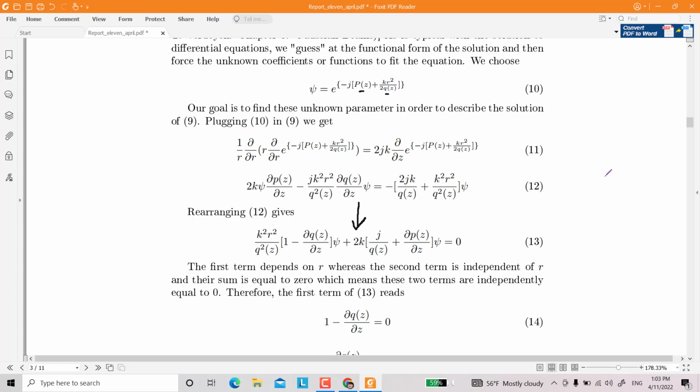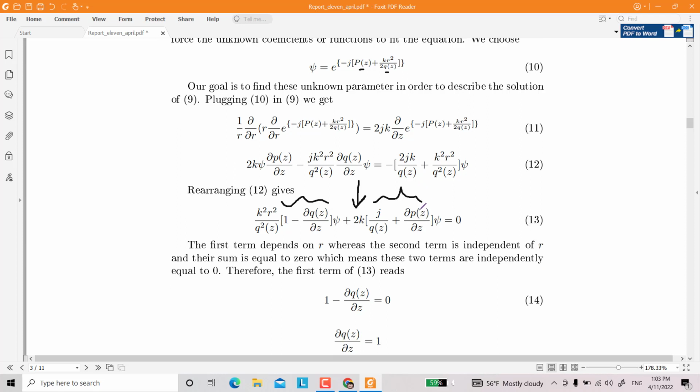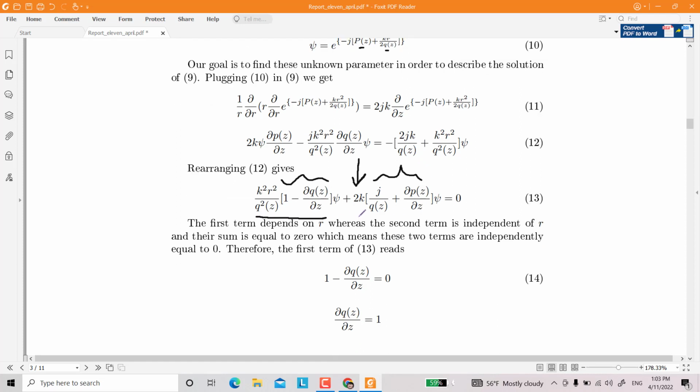So if the sum of these two terms is equal to 0, then you can quite simply infer that each individual term is 0. So we force these individual terms to be 0 just to satisfy equation number 13. For that, we said that this whole term is 0, but since psi cannot be 0, this multiplication factor cannot be 0 as well.